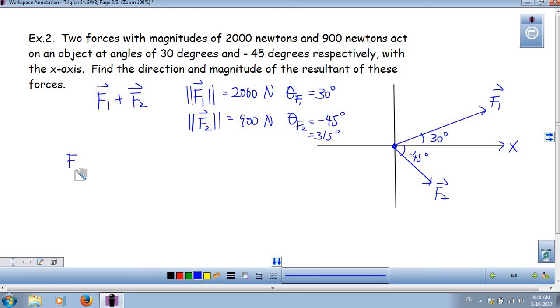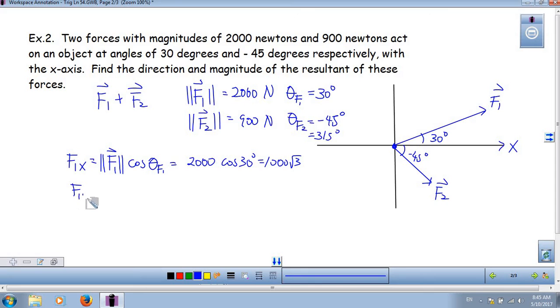Alright, so let's break down F1x. Let's find out what F1x is. F1x would be the magnitude of F1 times cosine of theta of F1. So this would be 2,000 newtons times cosine of 30 degrees. Cosine of 30 degrees is the square root of 3 over 2, so it will be 1,000 square root 3 newtons.